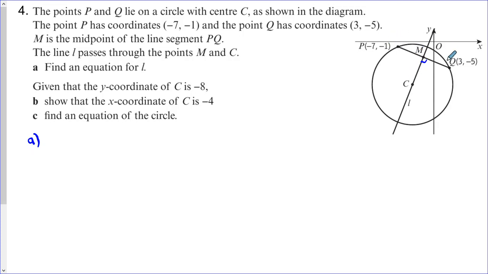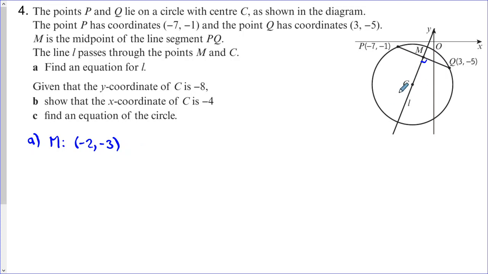And since it's the midpoint of PQ, that's straightforward to find. Minus 7 add 3 is minus 4, divide by 2. Minus 1 add minus 5 is minus 6, divide that by 2. We have our coordinate of M as minus 2, minus 3. So I'm going to be using that in y minus y1 later.